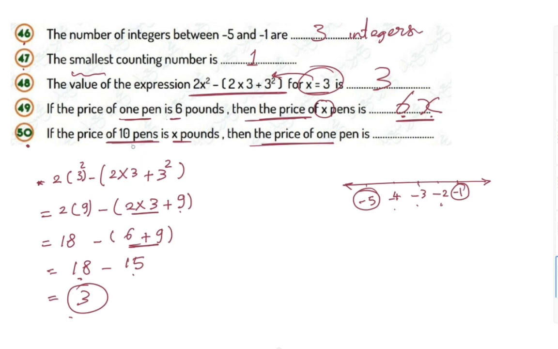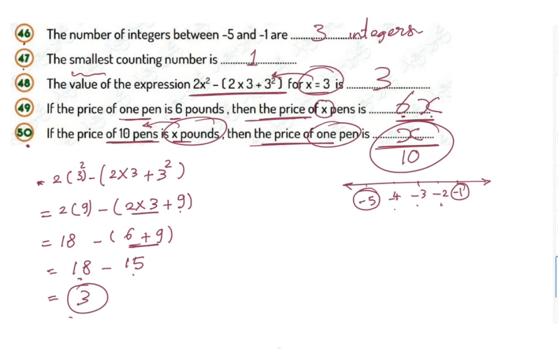You buy 10 pens, you pay x pounds. So for the price of 1 pen, just divide the price of all the pens by the number of them. So you divide x, the total price, over the number of pens, 10, then you find the price of 1 pen.